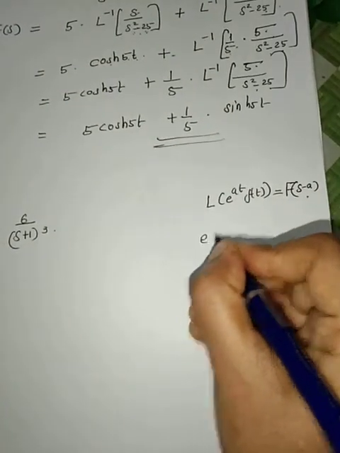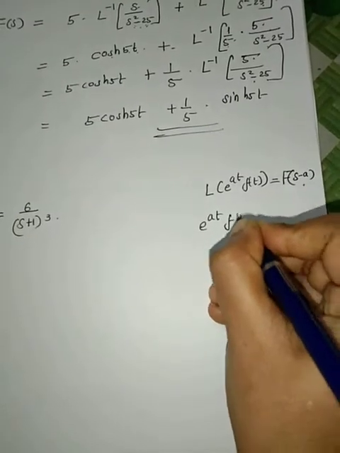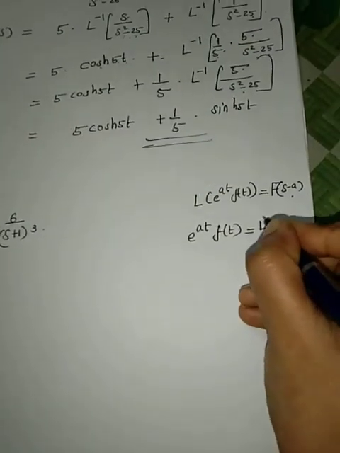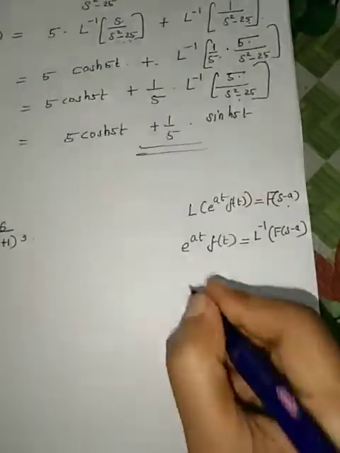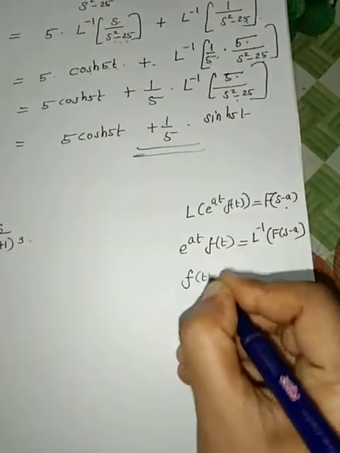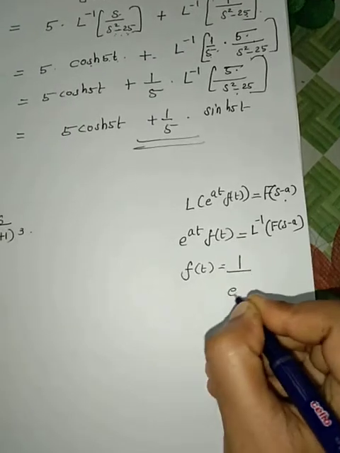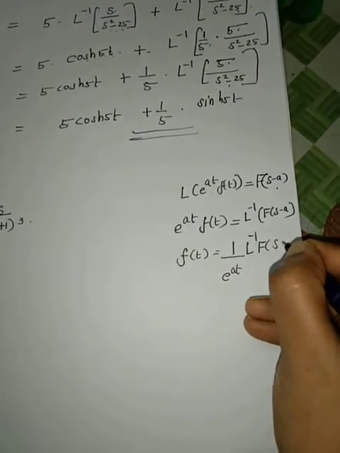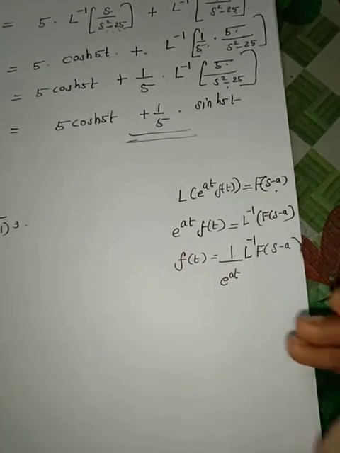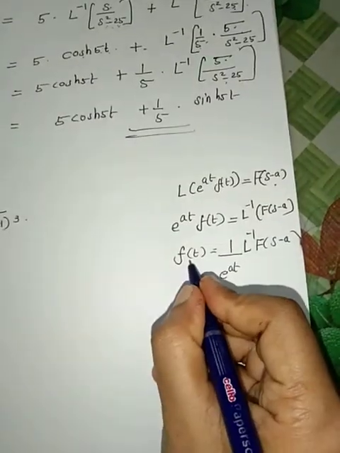So, applying L inverse on both sides, e raised to at into f of t is L inverse of F of s minus a. Therefore, f of t is equal to 1 by e raised to at into L inverse of F of s minus a.